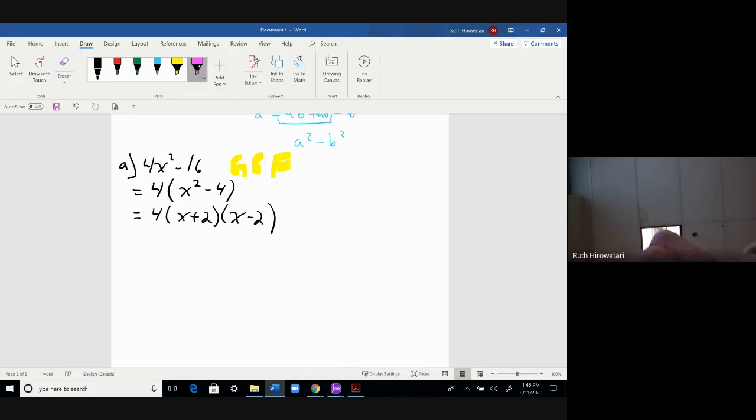Let me make a little note here, because if you don't take out the GCF first, and you look at that 4x squared minus 16, and you factor it like this, 2x minus 4 and 2x plus 4, you are correct, but you are not finished, because both of those brackets have a GCF in them.